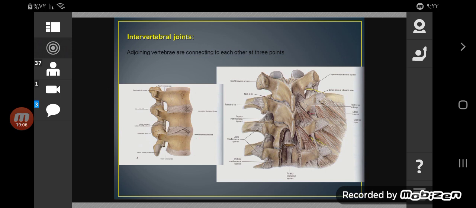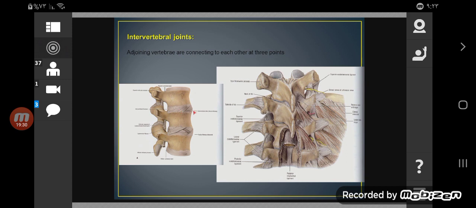Another joint between two adjacent or adjoining vertebrae is the intervertebral joint. At 30 places, two adjacent vertebrae are connected together.